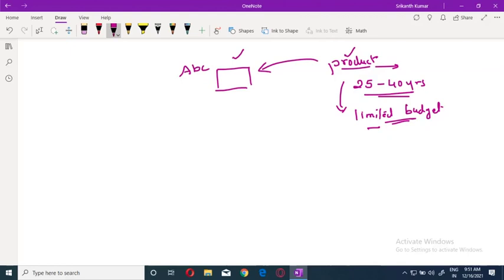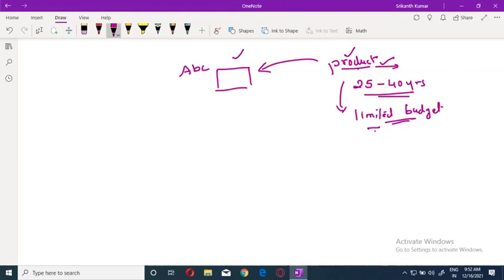He said his concern: I have a very limited budget. I want to introduce this product in India, and I have to make sure it reaches the maximum number of people around India.